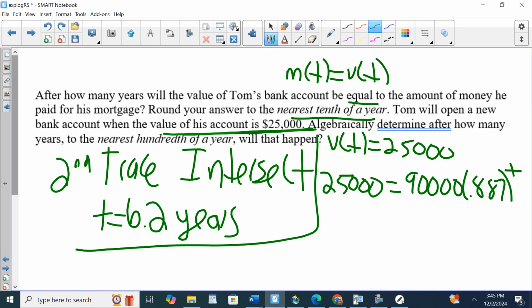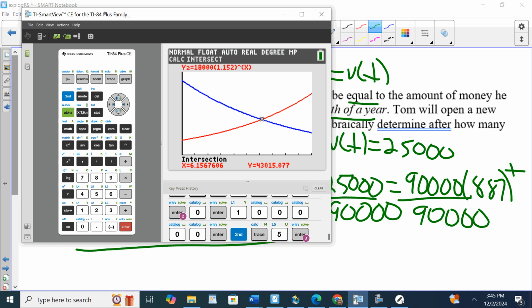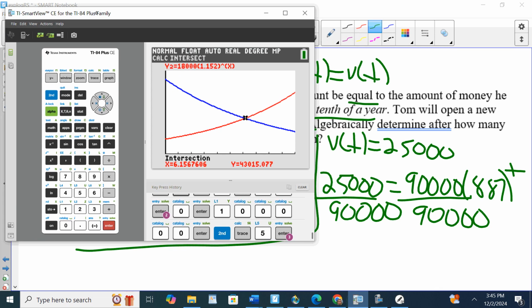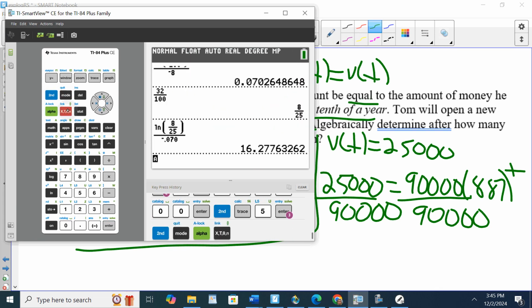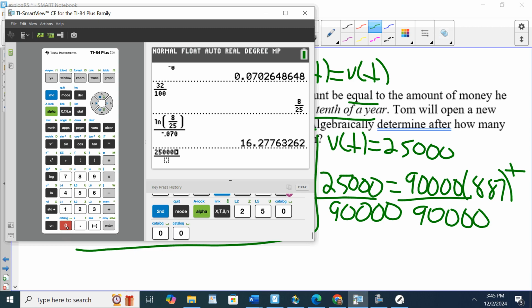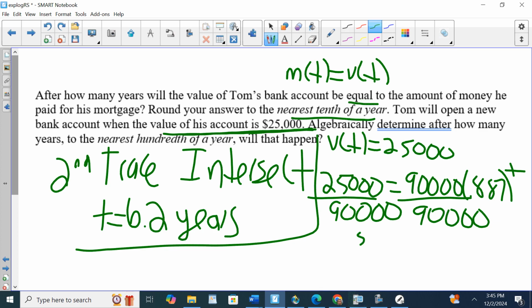And now I solve this algebraically by isolating and logging both sides. 25,000 divided by 90,000 is 5 over 18. So I have 5 over 18 equals 0.887 to the power of t.